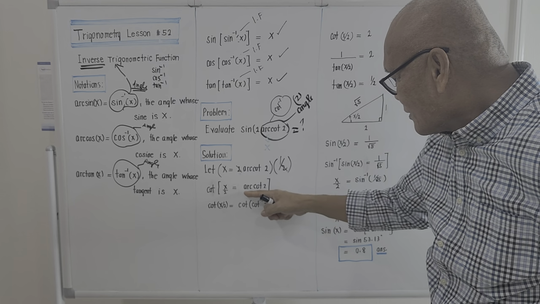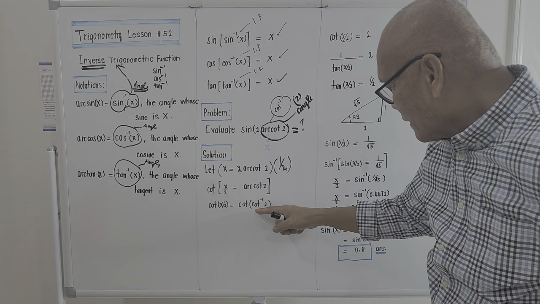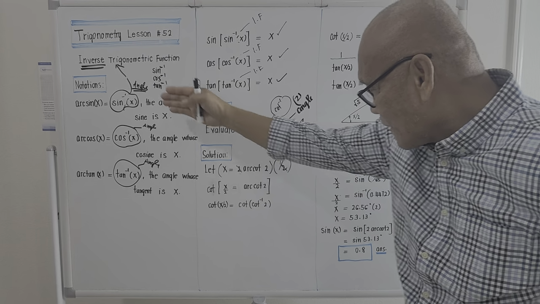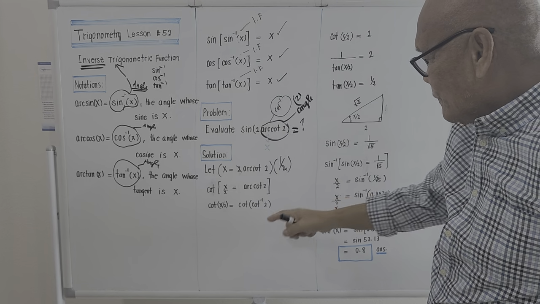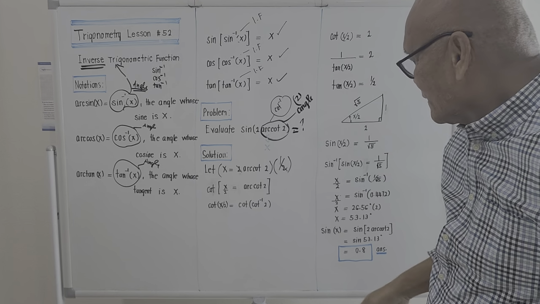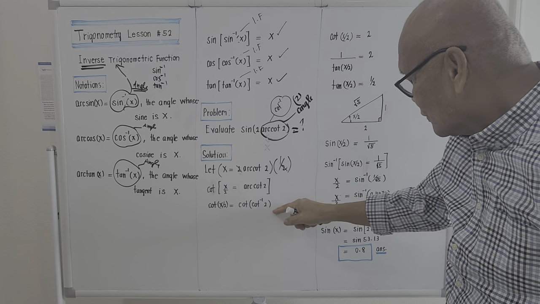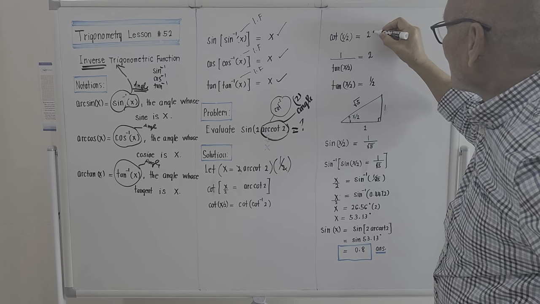Arccotangent of 2 is just the equivalent of cotangent to the minus 1. And the cotangent of cotangent to the minus 1 of 2 will simply be 2.